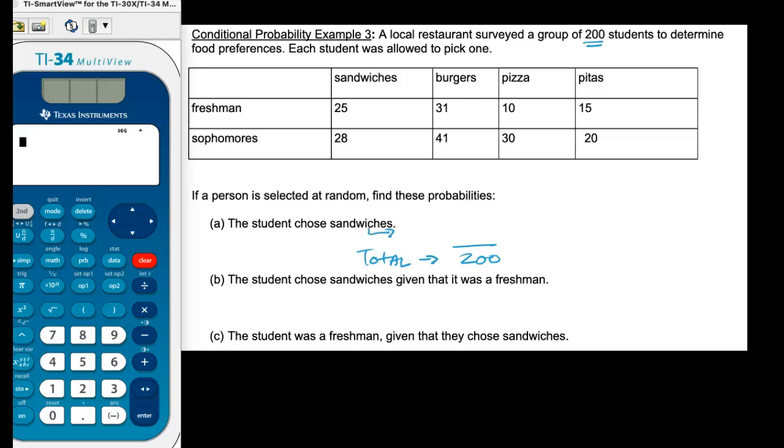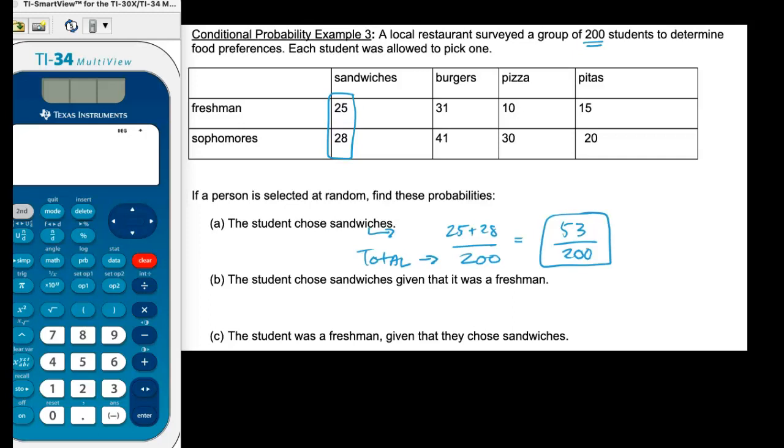So the number of sandwiches is going to go on the top. So we're going to look down the sandwich column, and we're just going to add those together. So 25 plus 28 is going to go on the top. And so we add those together, and we get 53 out of 200, and that's going to be the probability that the student chose sandwiches. And that's in lowest terms, it's not reducible, so we're just going to leave it like that.